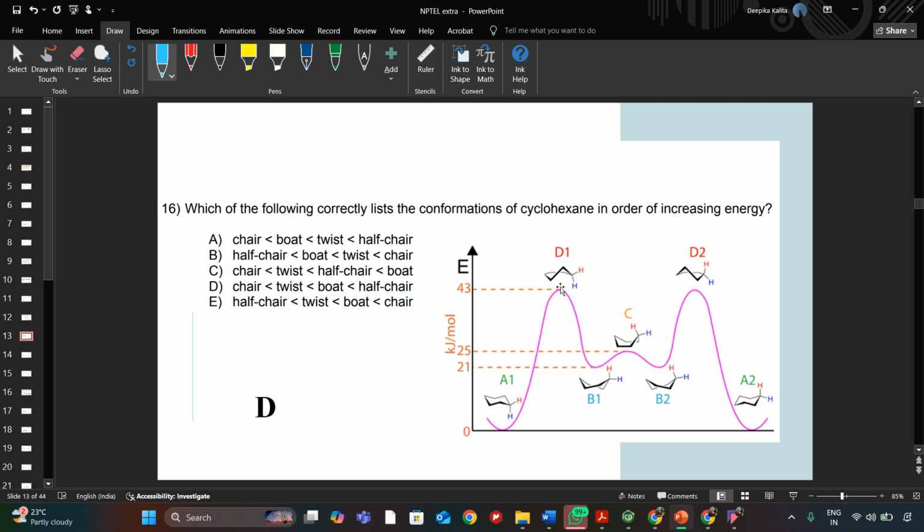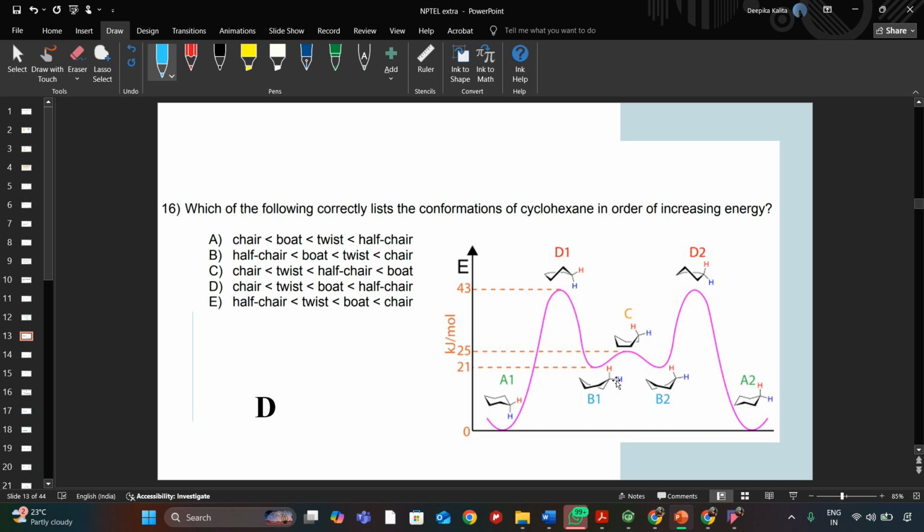And as we move more towards the x-axis, we get to the positions B1 and B2 at 21 kilojoules per mole, which have the second lowest energy, and they have the twist boat structure.